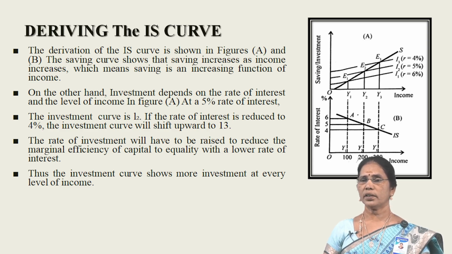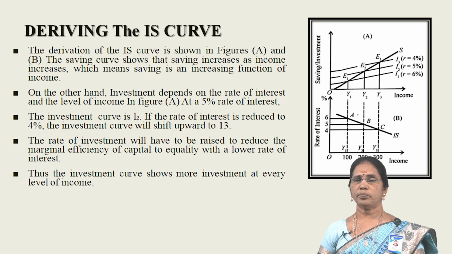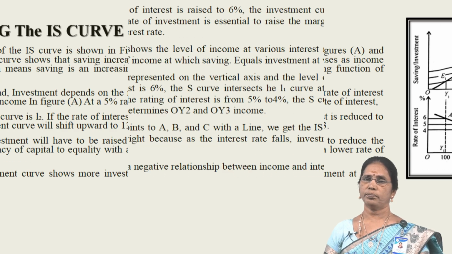If the rate of interest is reduced to 4%, the investment curve will shift upward to I3. The rate of investment will have to be raised to reduce the marginal efficiency of capital to equality with a lower rate of interest. Thus, the investment curve shows more investment at every level of income.